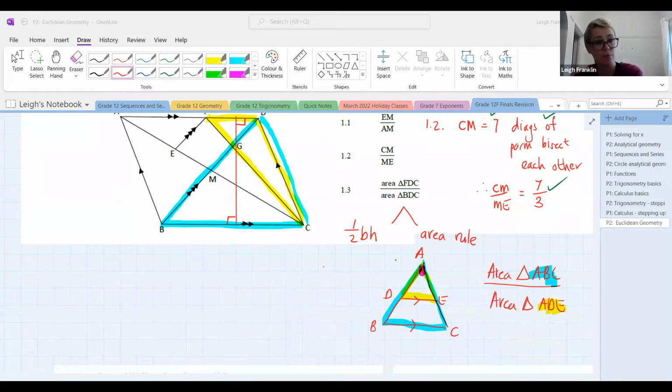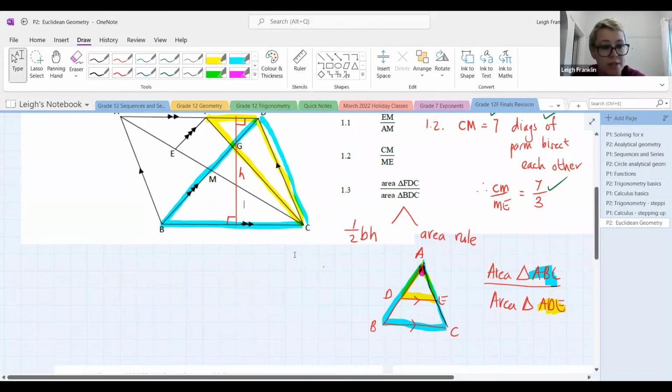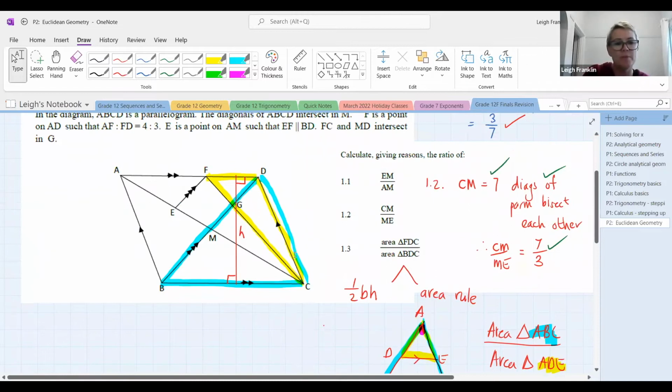We can apply the area rule to triangles that are not right angled, but with half base times height the triangle doesn't need to be right angled, as long as the base and the height are perpendicular. So if I call this red line H the height, you can see that it is perpendicular to the blue triangle's base, which is BC, and to the yellow triangle's base, which is FD. They share the same perpendicular height.